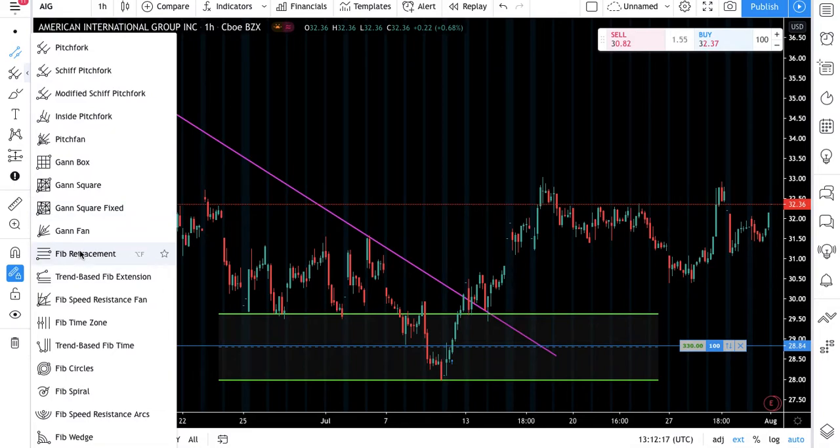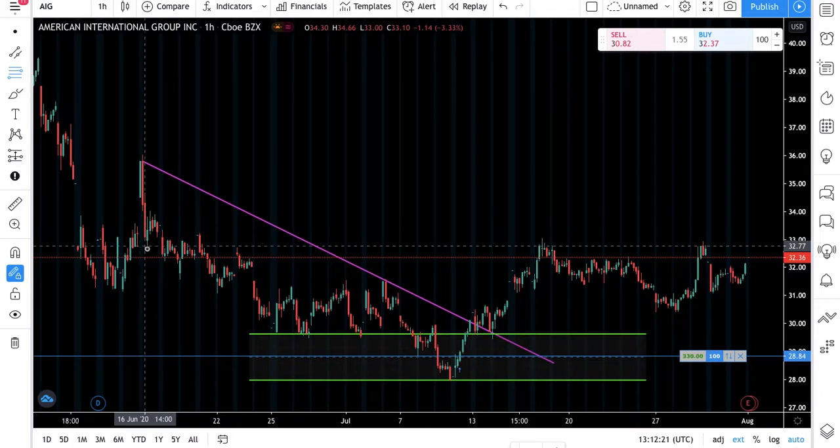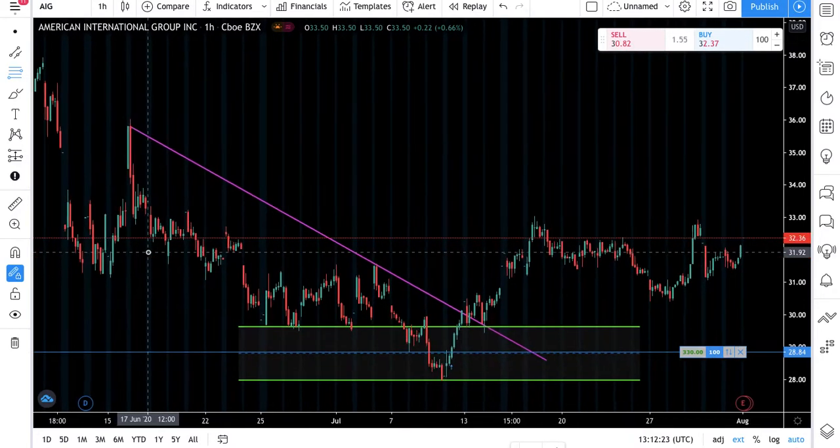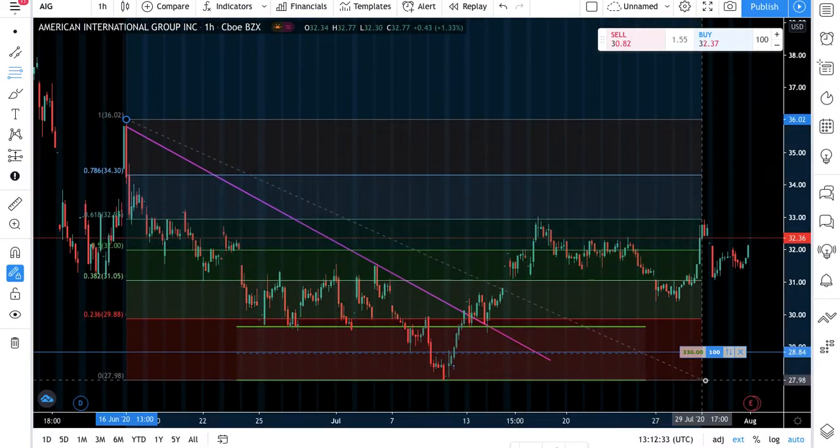Step 3 would involve finding the resistance levels using the Fibonacci retracement tool. As discussed in the previous video on Fibonacci retracement tools, the starting point must be the highest point attained by the stock before the bearish trend reversal, and the ending point must be the lowest point attained by the stock during the bearish trend.